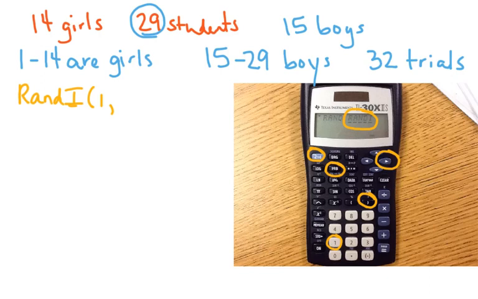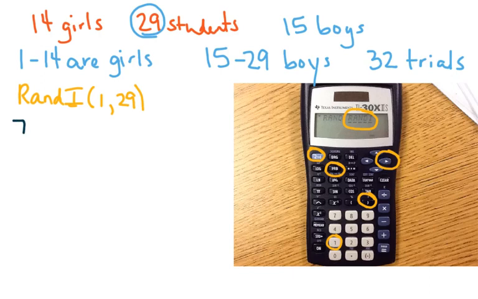And then the largest number you want to have shown is 29 because there are 29 students here. Then make sure that you close the parentheses. If you forget to do that, then it will give you an error. So close the parentheses, and then once you hit enter, it will give you a number anywhere from 1 to 29. In my case, my first number is 7.